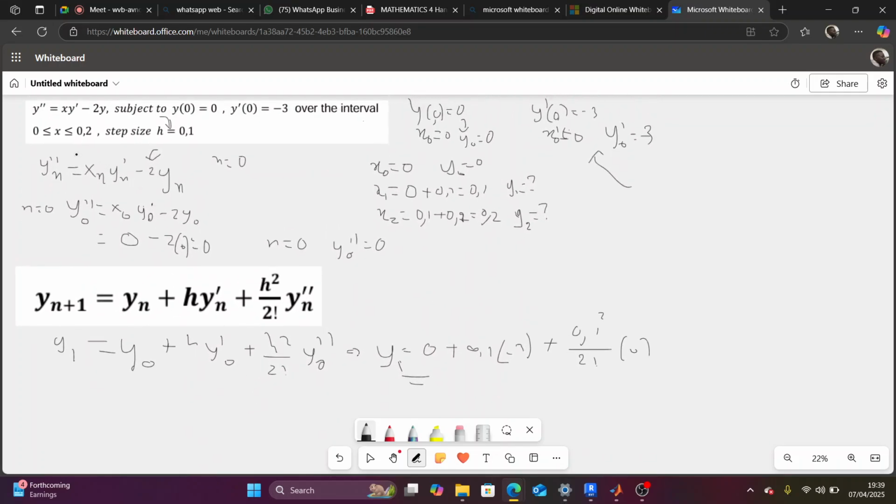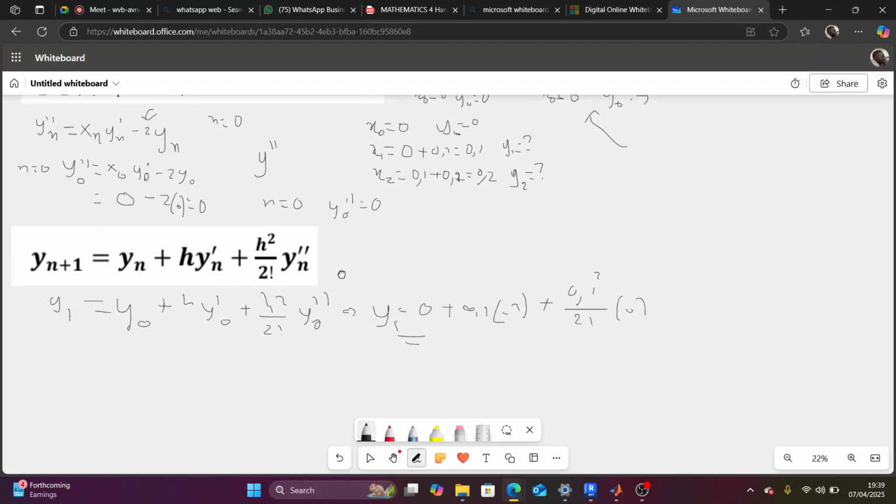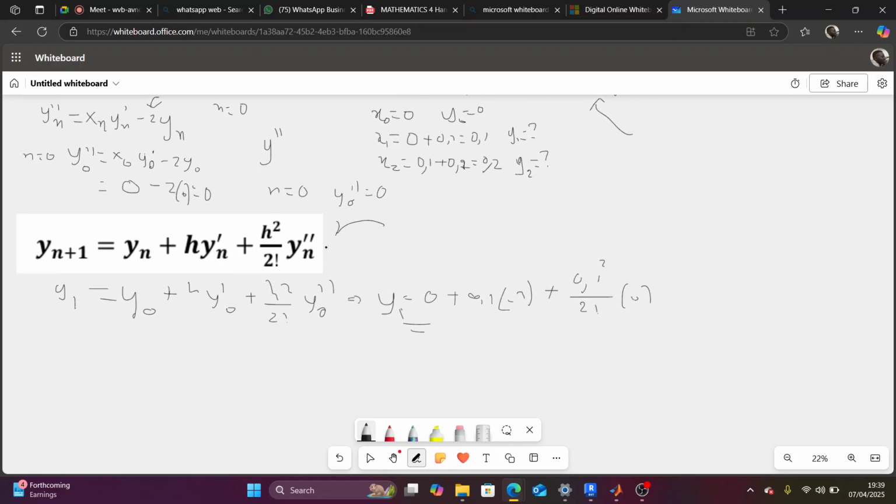The step is writing y second as the subject of the formula, writing it in terms of n, and looking for the second derivative answer when n equals 0. After that, you start applying the formulas. The first formula is to get y1. The second formula that we're going to apply is to get y prime, and the following one is to get y second.